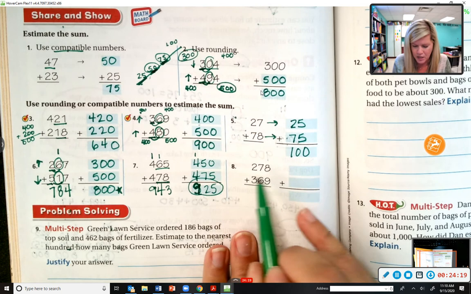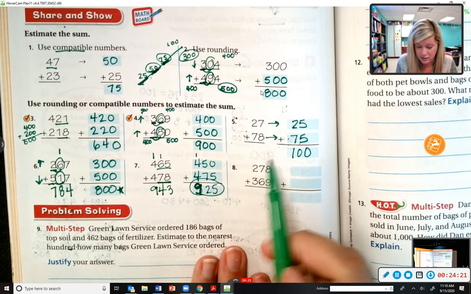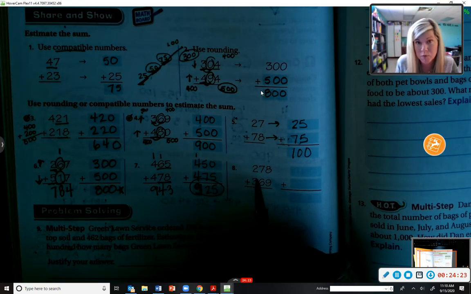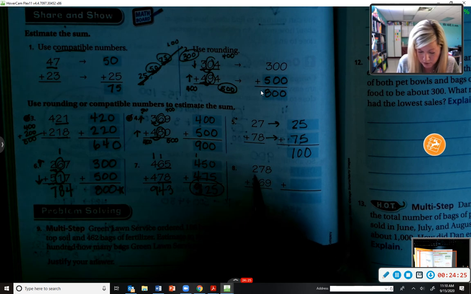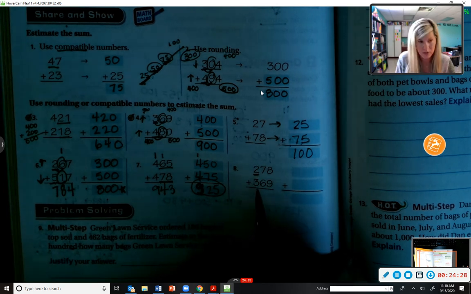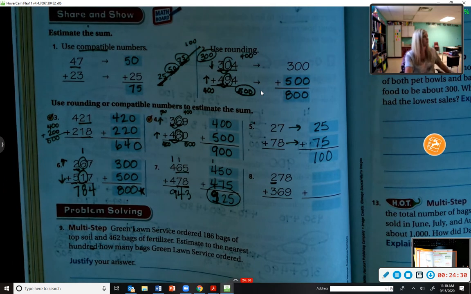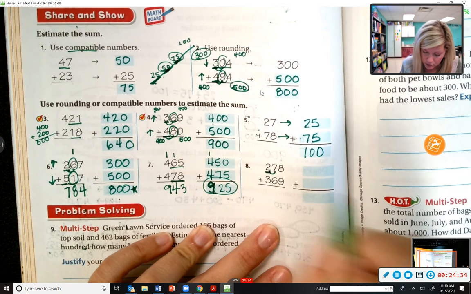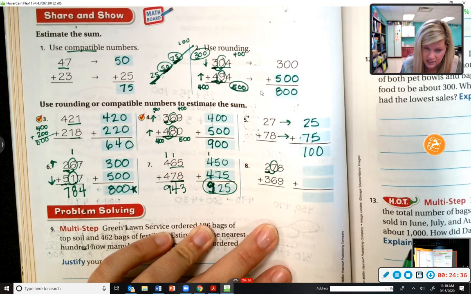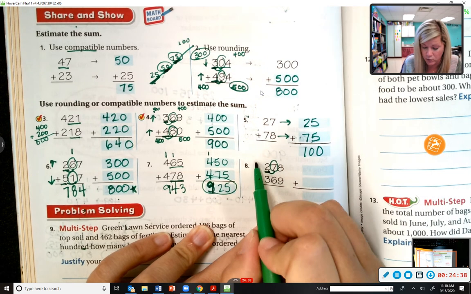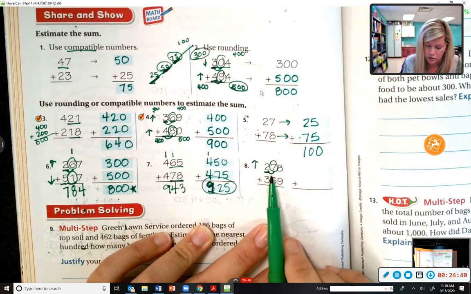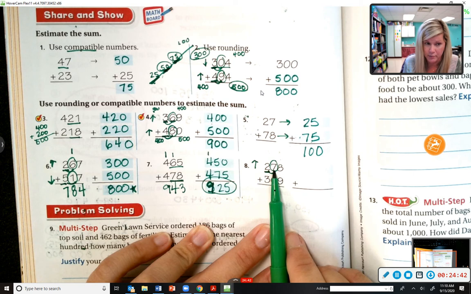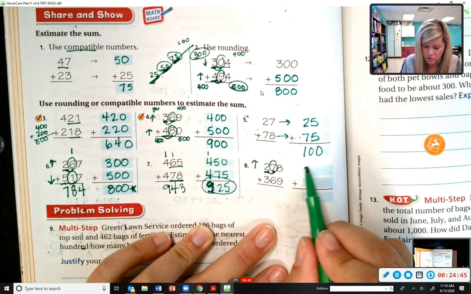Okay? I'm going to round on this one. Again, we're all the way in the hundreds place, so I want to round to the hundreds. 2 is your hundreds digit. And I want to look next door. 7 is greater than 5, so I want to round up. 278 would round up to 300.